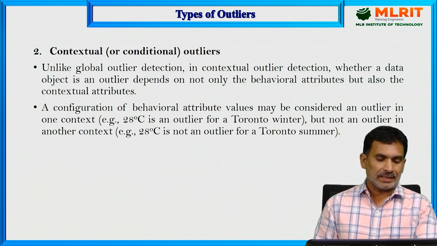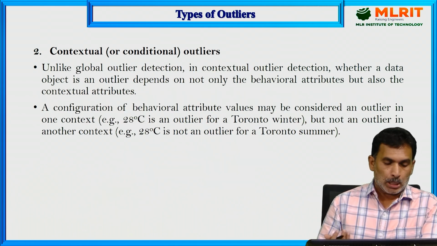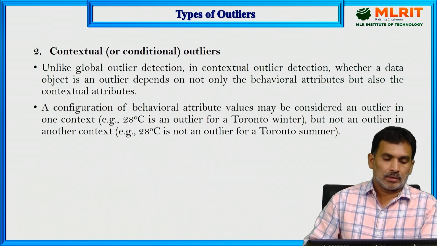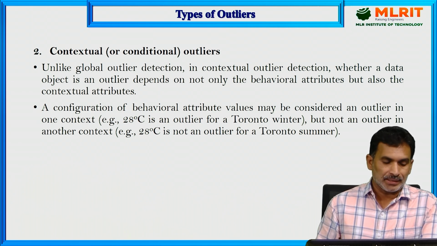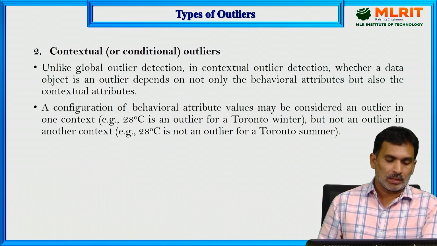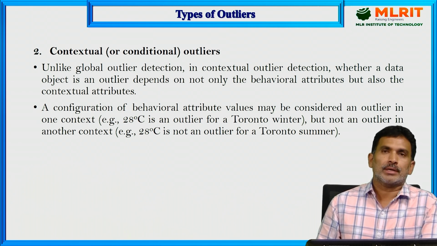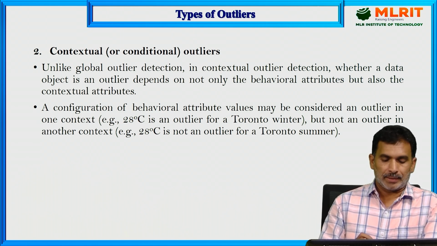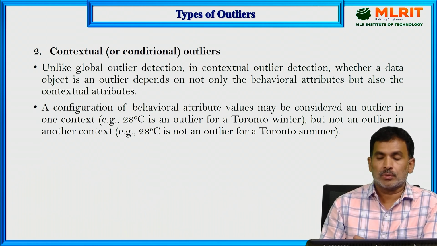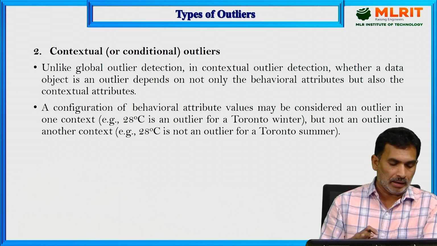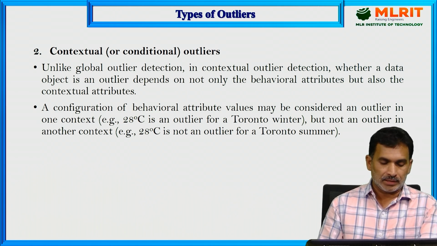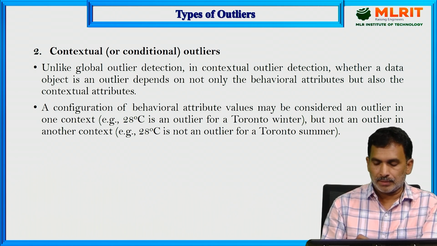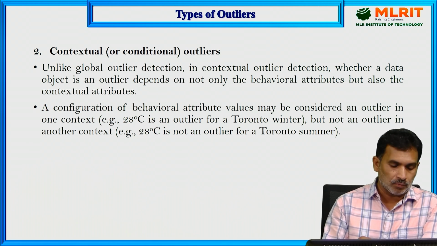Coming to detection, how would contextual or conditional outliers be detected? Unlike global outlier detection, whether a data object is an outlier depends not only on the behavioral attributes but also on the contextual attributes. A configuration of behavioral attribute values may be considered an outlier in one context.